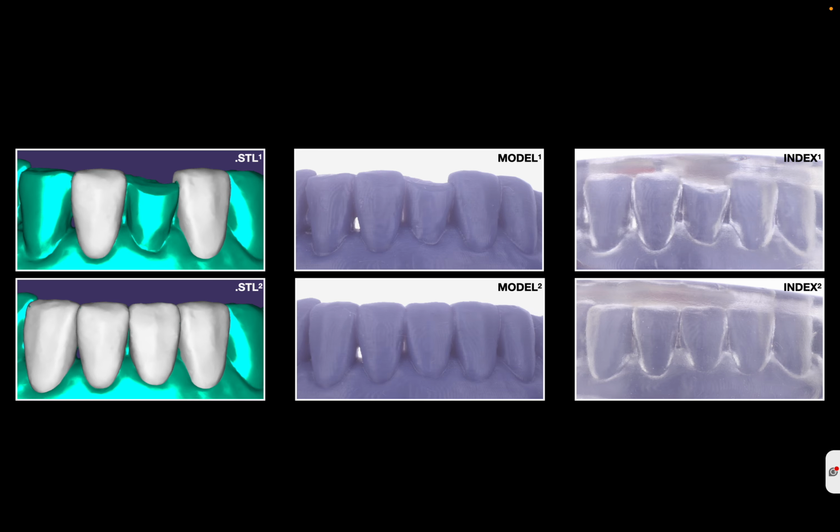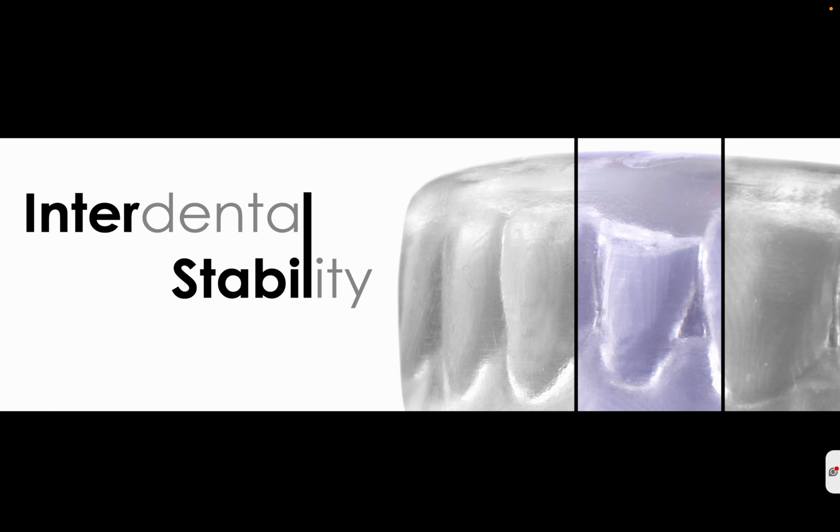Why? Because I don't want to splint everything together. I just want single tooth restorations. What does it mean? I want contact points. So I can produce one model, do first one restoration and not the adjacent tooth, and then do the other ones. In that way, I also have a good interdental stability.